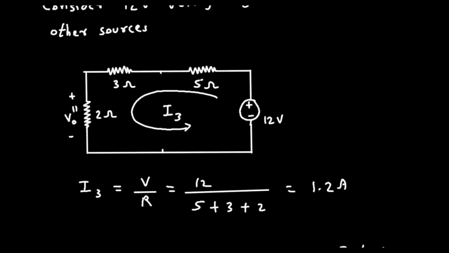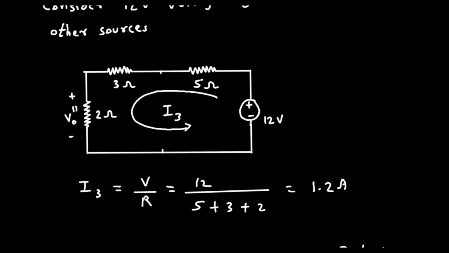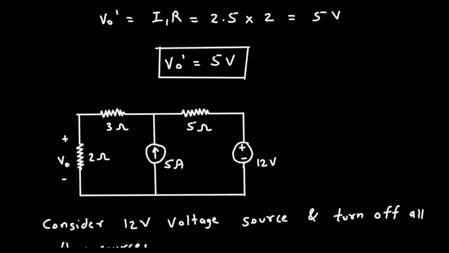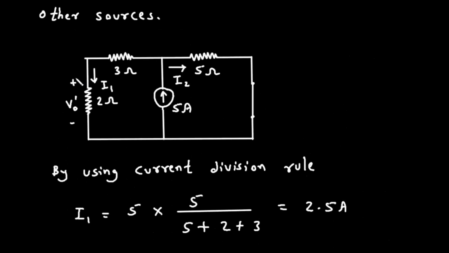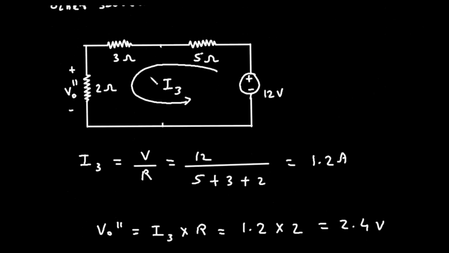Now next we have to add them because the polarity of voltage is the same. Here we can see the positive here and negative here, and the direction of current is like this. And in the second one, we can also see the direction of current is downward and the polarity is the same, positive upward and negative downward.